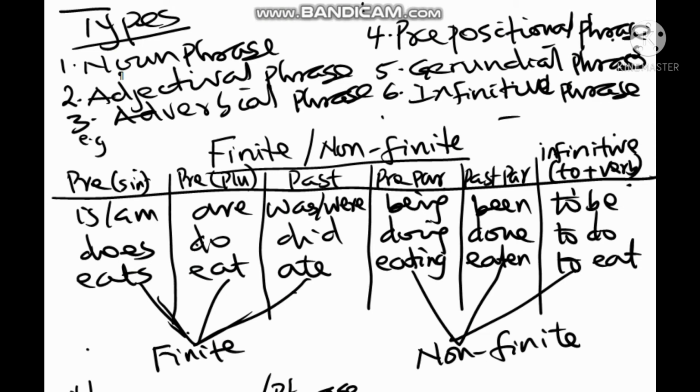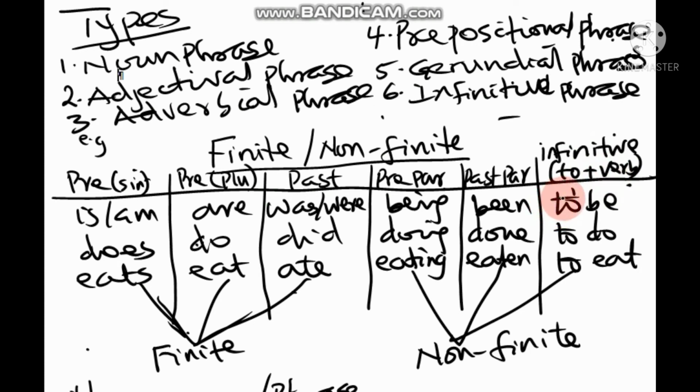But we have been able to look at a table that can help us understand what they call finite and non-finite verbs. So there are 3 types of finite verbs. What are they? Present tense singular, present tense plural, and past tense. They are called finite verbs. Then present participle, past participle, and infinitives. How do you form infinitives?